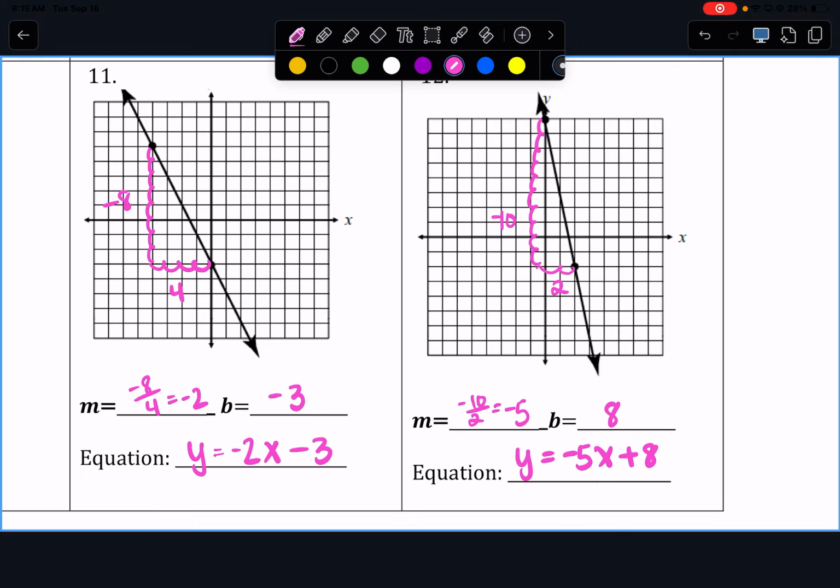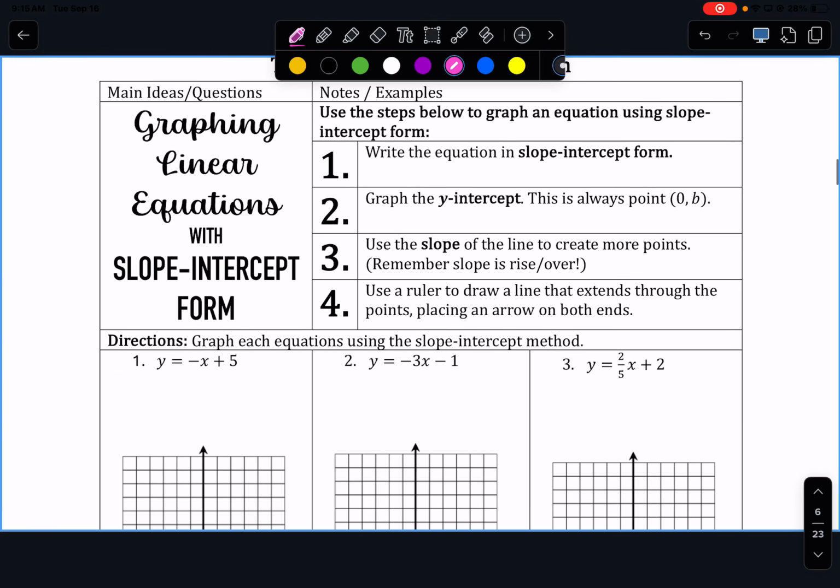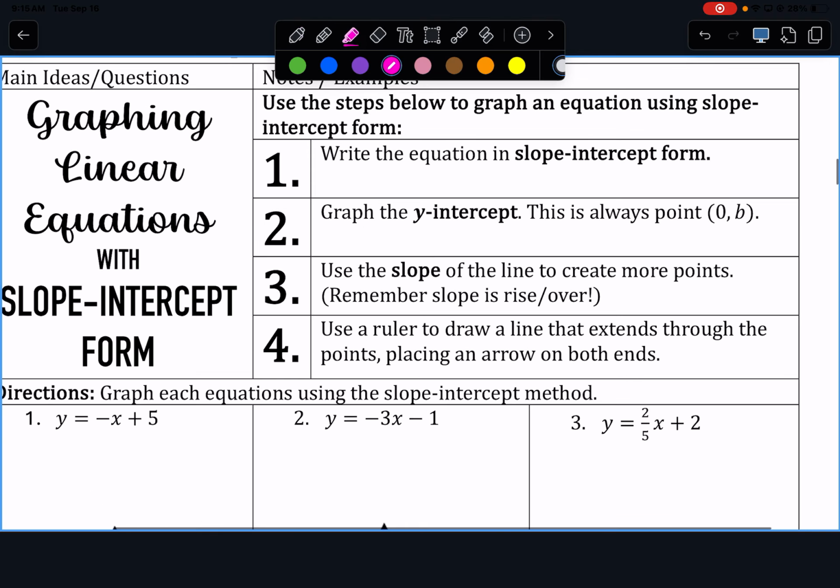All right, so we're going to actually start with graphing them today as well. So when we look at these, we're going to be graphing linear equations with slope-intercept form. The first thing we need to do is make sure it is written in slope-intercept form, okay? That's not going to be that big of a problem today, but in 2.2 and 2.3, it'll be more of a problem.